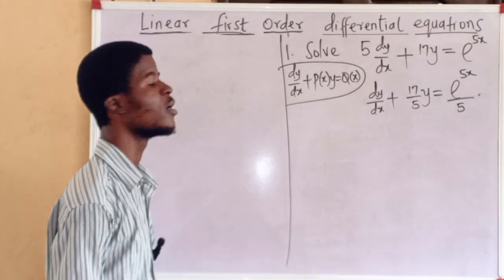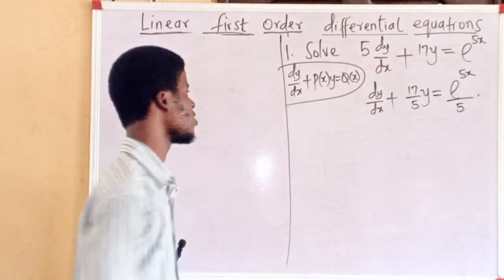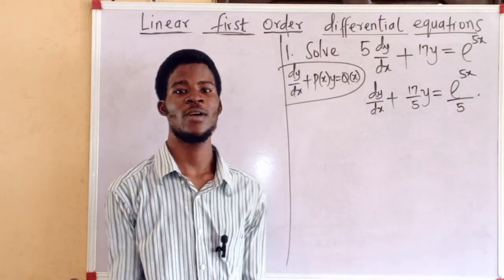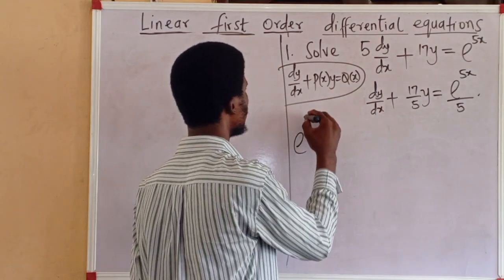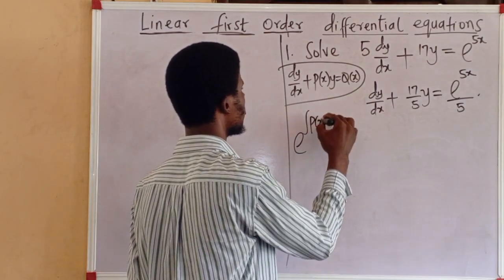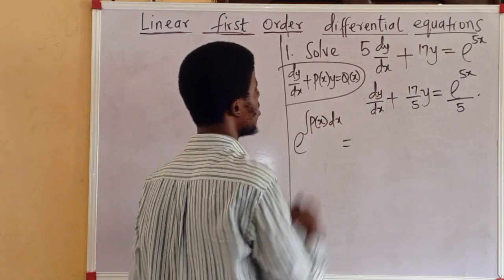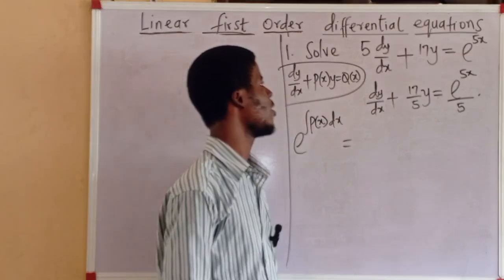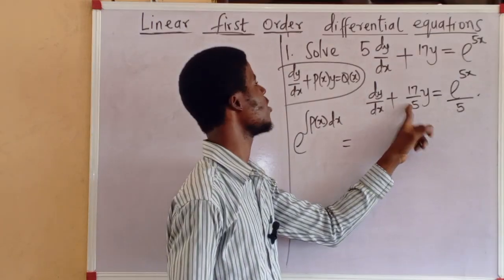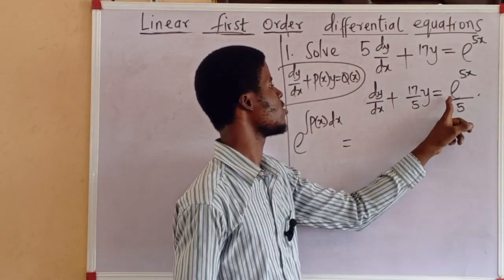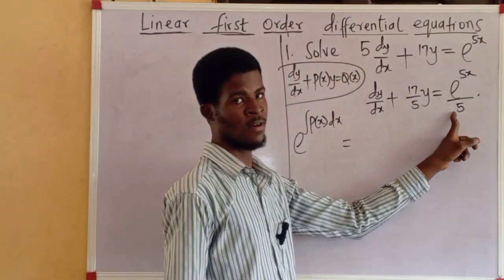Having done this, the second step is to determine the integrating factor. The integrating factor is e to the power of the integral of p of x dx. Let's identify p. Comparing, p of x is 17 over 5, and q of x is e to the power of 5x over 5.